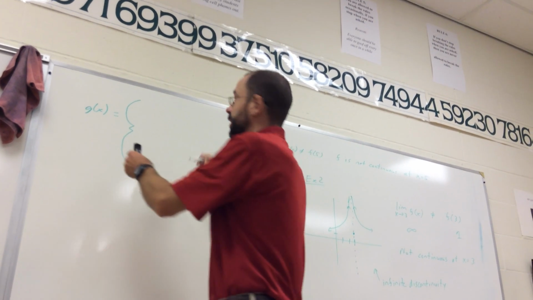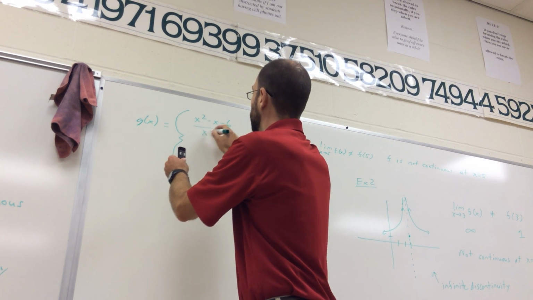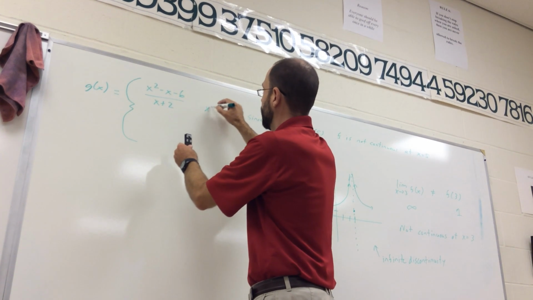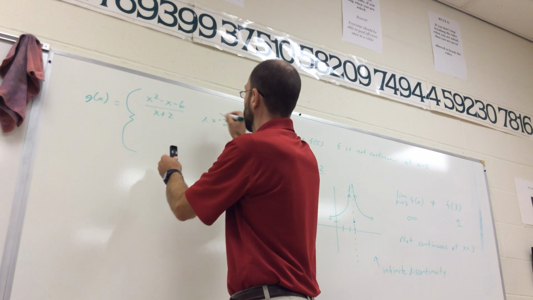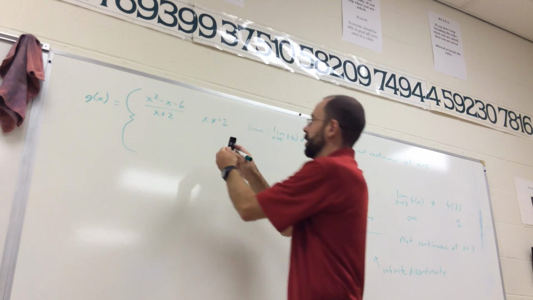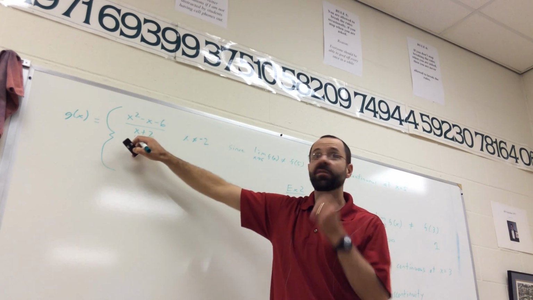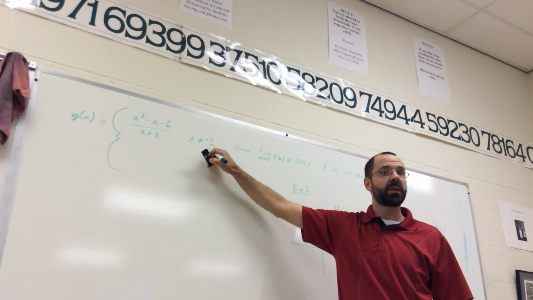So it's going to have 2 different formulas. And I'm fine with this formula as long as x isn't negative 2. So I'm going to instruct the reader to use this function whenever x isn't negative 2.